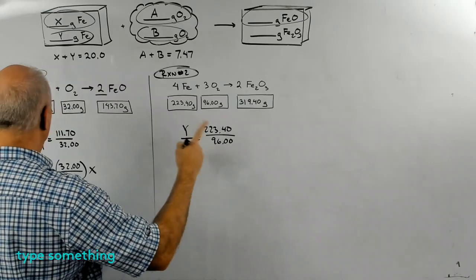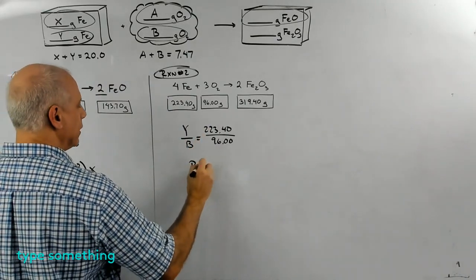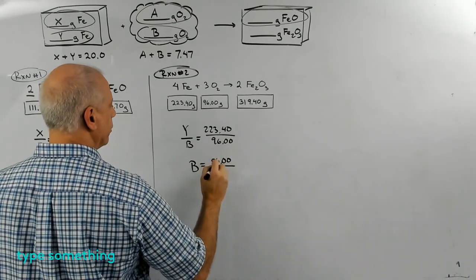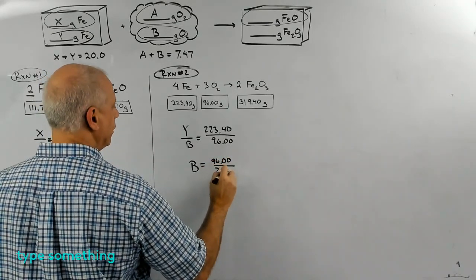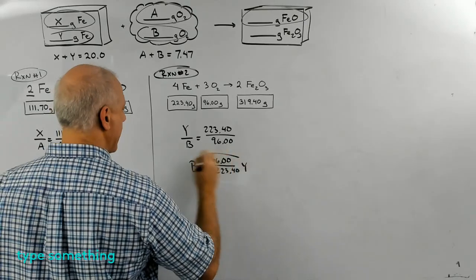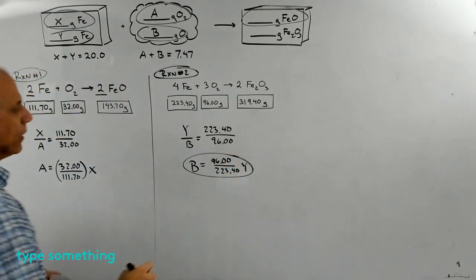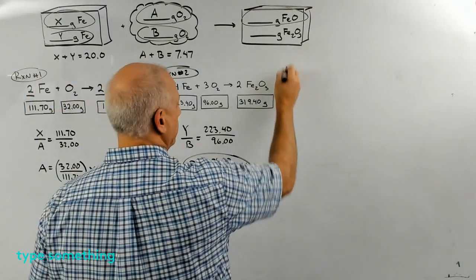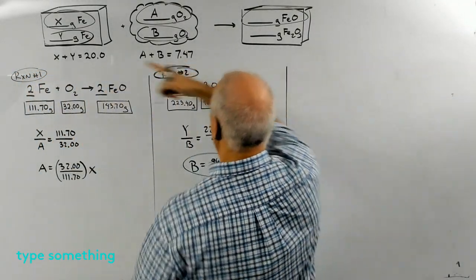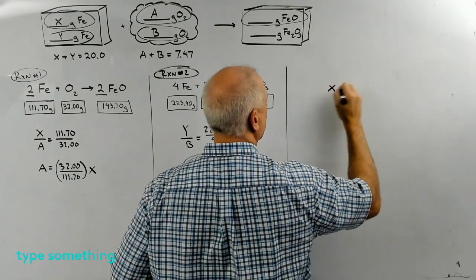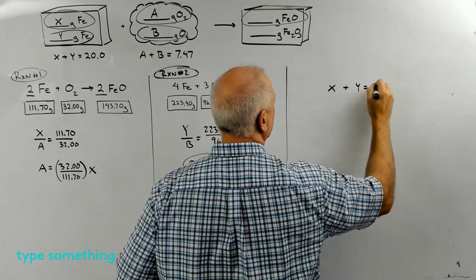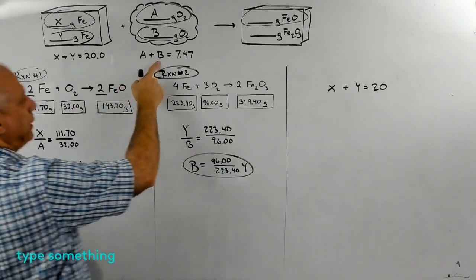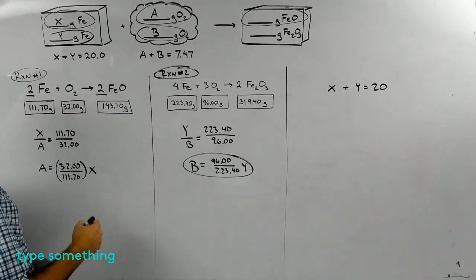And I can solve for B, and B is equal to 96.00 over 223.40 times Y. So now I have 2 equations and 2 unknowns. X plus Y is equal to 20.